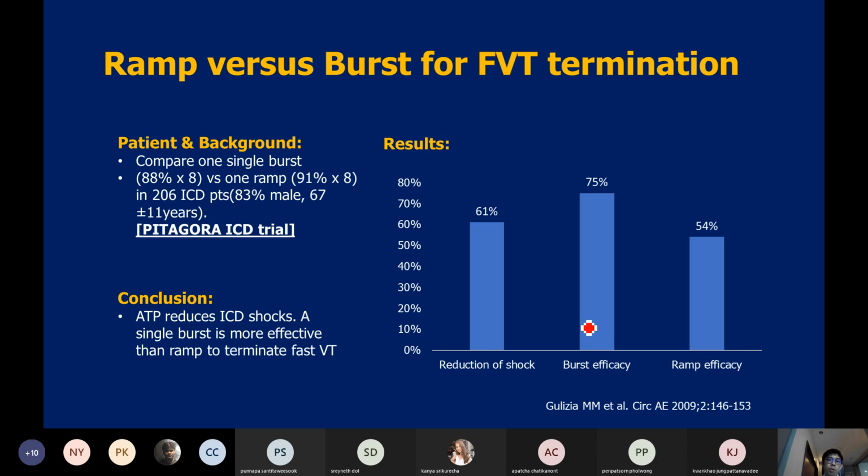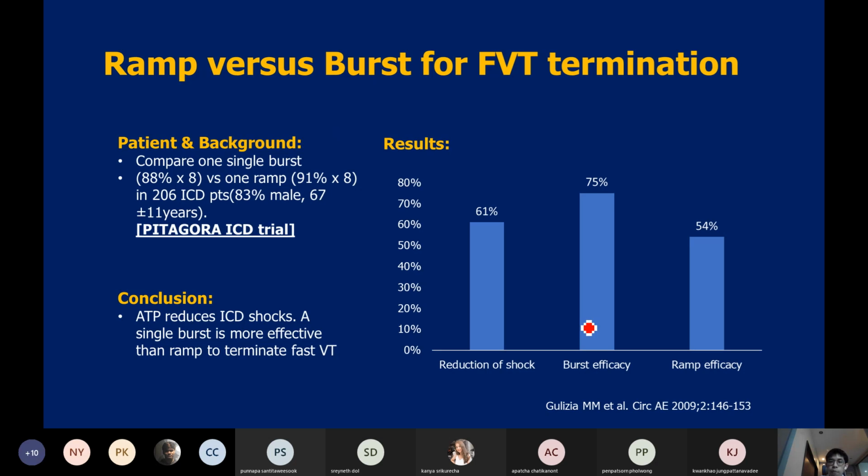What is the difference between ramp versus burst for fast VT termination? This is a study from the year 2009. It compares one single burst versus one single ramp in 206 ICD patients.